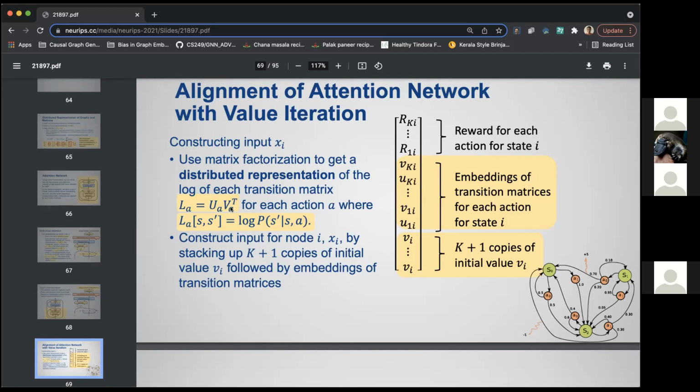This is how we fit the transition matrix into the framework of computing attention within an attention network.